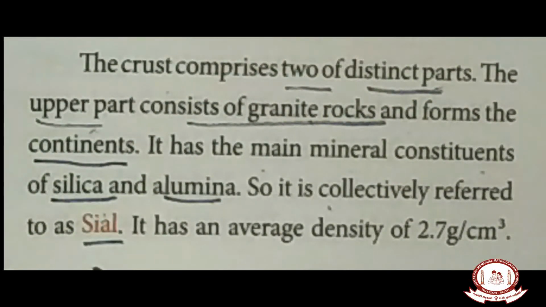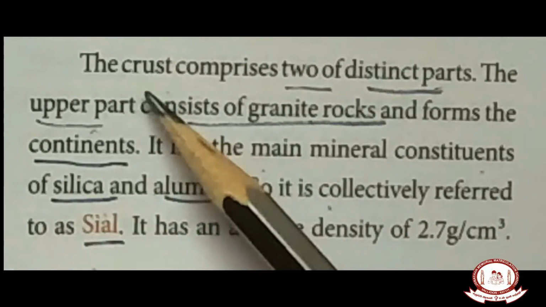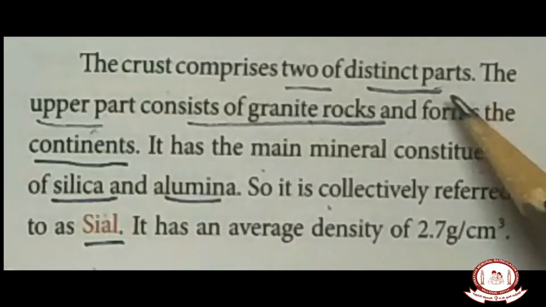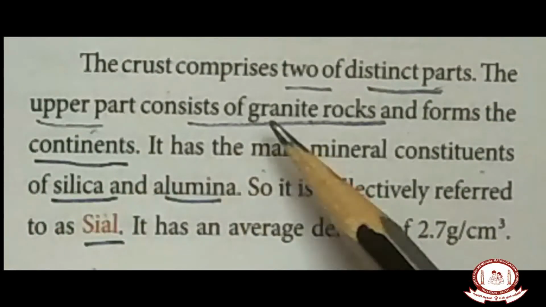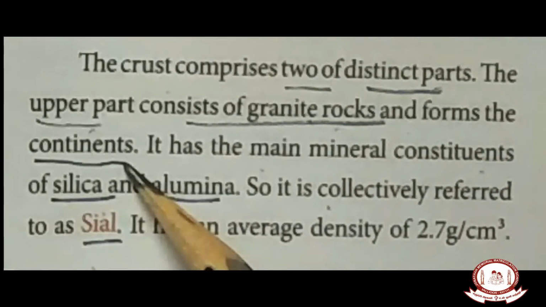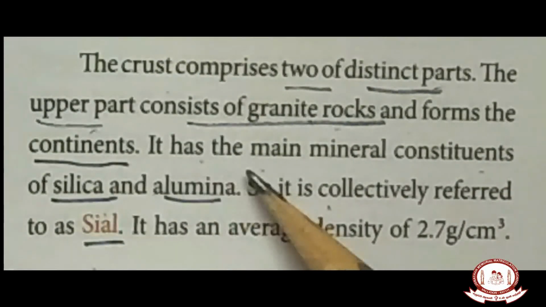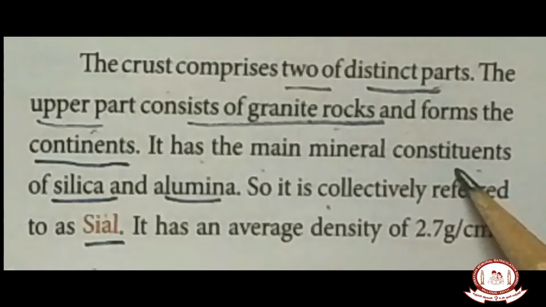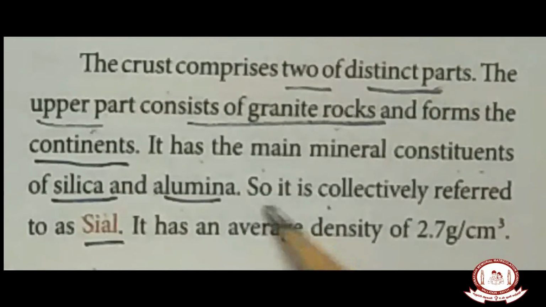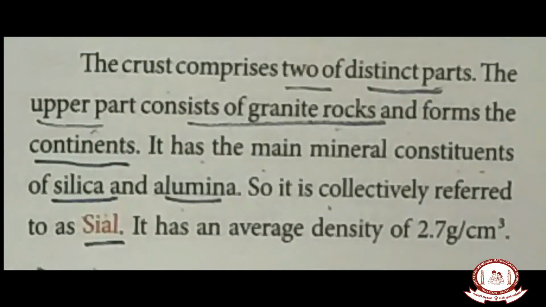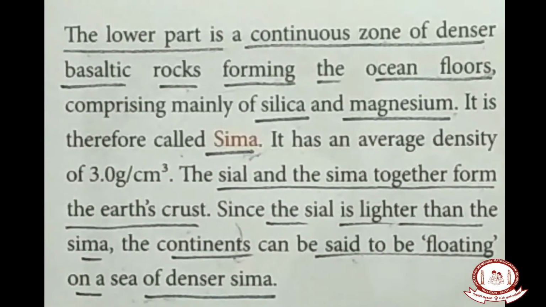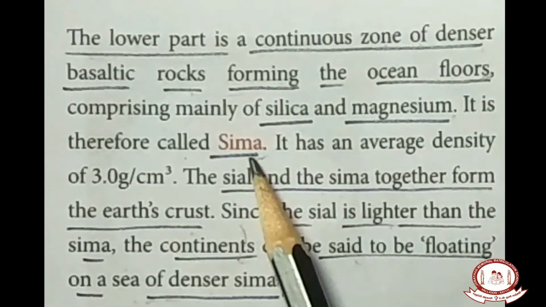Shall I read one more time, children? The crust comprises two distinct parts. The upper part consists of granite rocks and forms the continents. It has the main mineral constituents of silica and alumina. So it is collectively referred to as Sial. Children, next come to Sima. The side heading Sima.